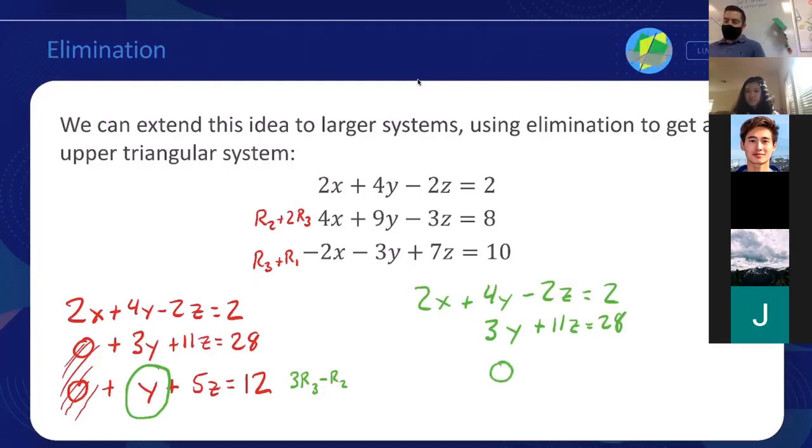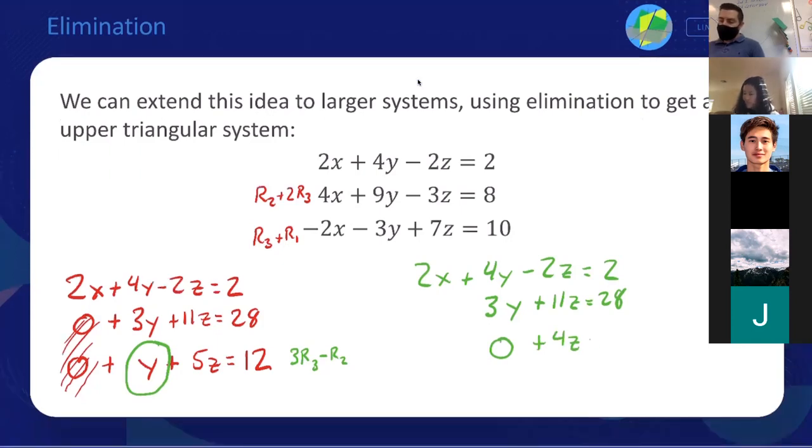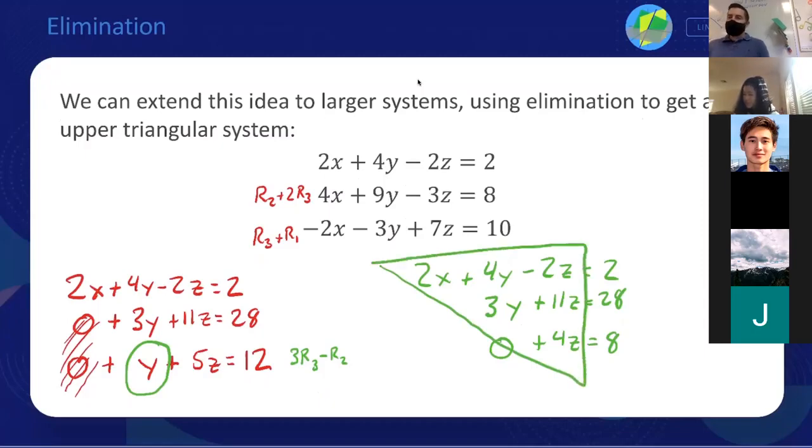And then 15z minus 11z will give me a 4z. And then 36 minus 28 is 8. Okay, and now we've got our upper triangular system here. Those are obviously not the same planes as we originally had.